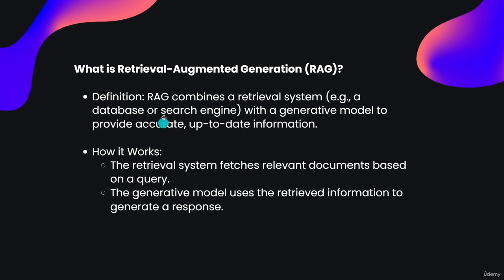So for example, you can see the definition of this RAG. RAG combines a retrieval system. Retrieval system means taking the information from external sources like a database, search engine, online websites like that. It combines retrieval and augmented generation.